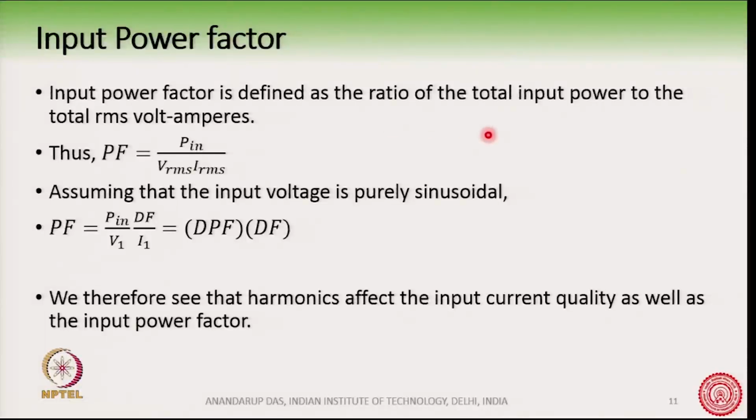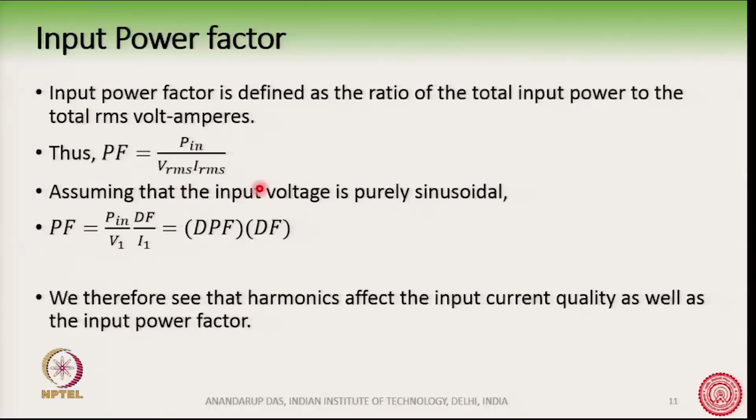The input power factor is defined as the ratio of the total input power to the total RMS volt ampere. So the power factor is P in divided by V RMS into I RMS.